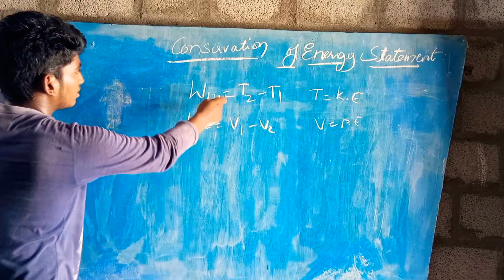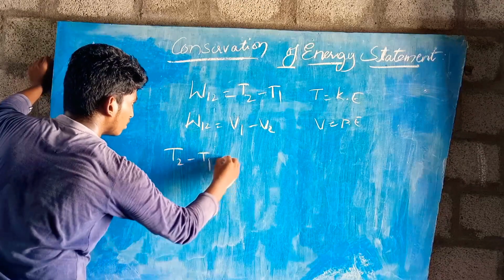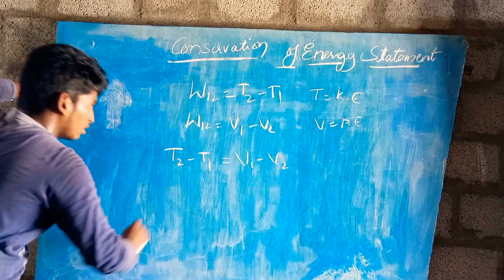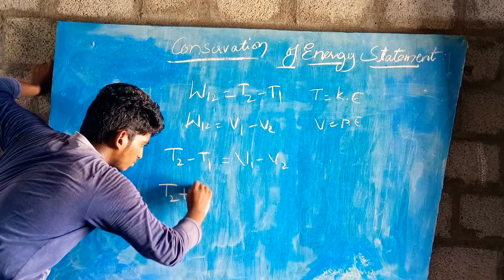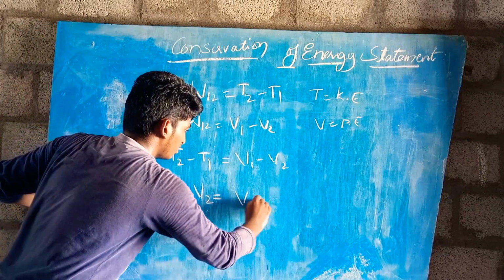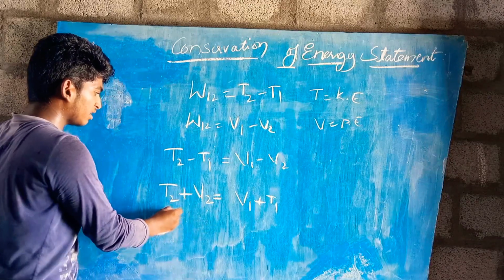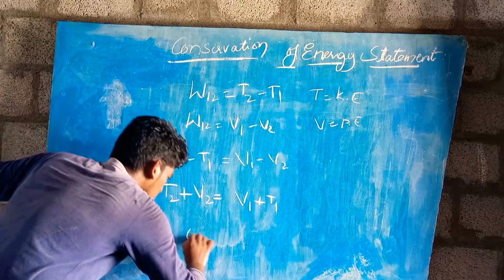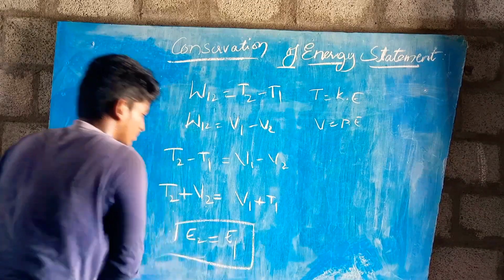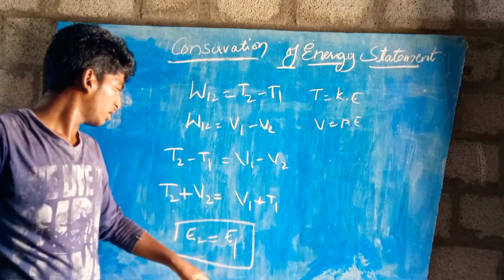Putting these two equations together, we get T2 minus T1 is equal to V1 minus V2. That implies T2 plus V2 is equal to V1 plus T1. So kinetic energy plus potential energy is equal to the total energy. That is, the energy at point 1 is equal to the energy at point 2.